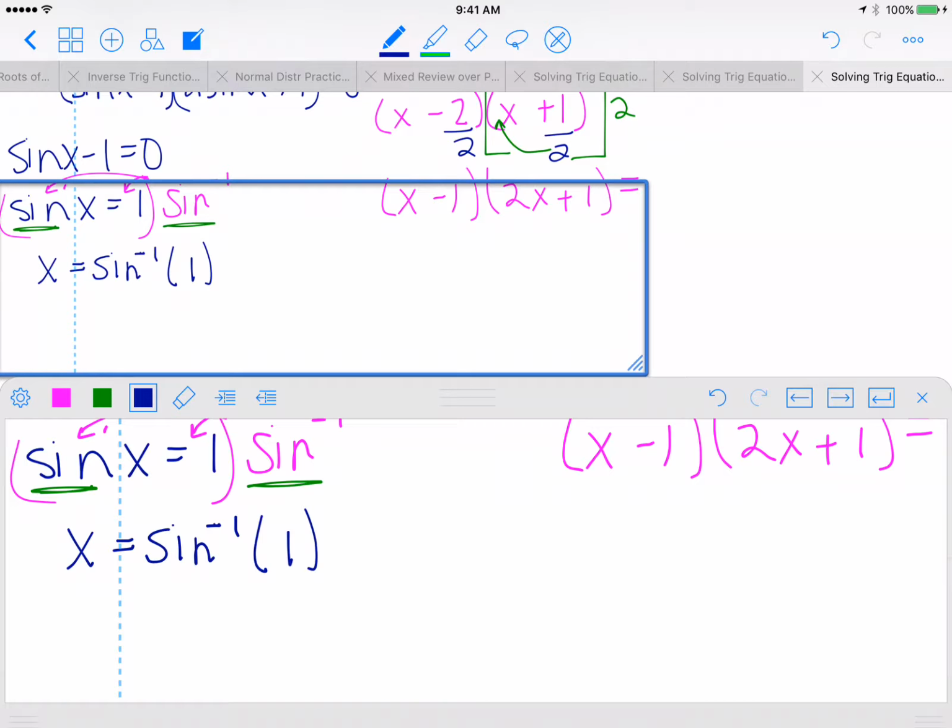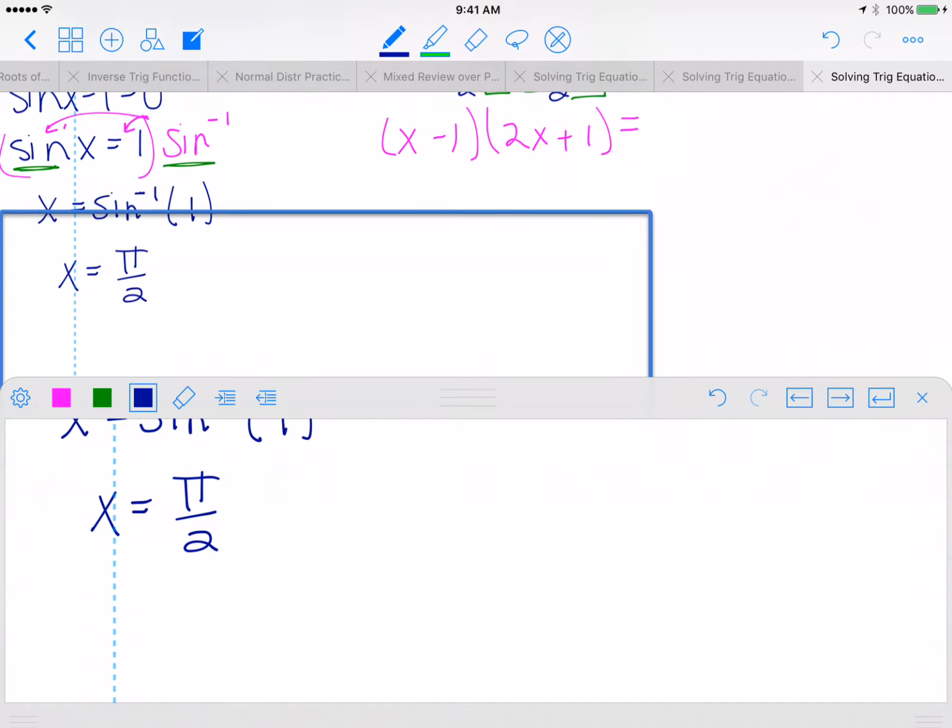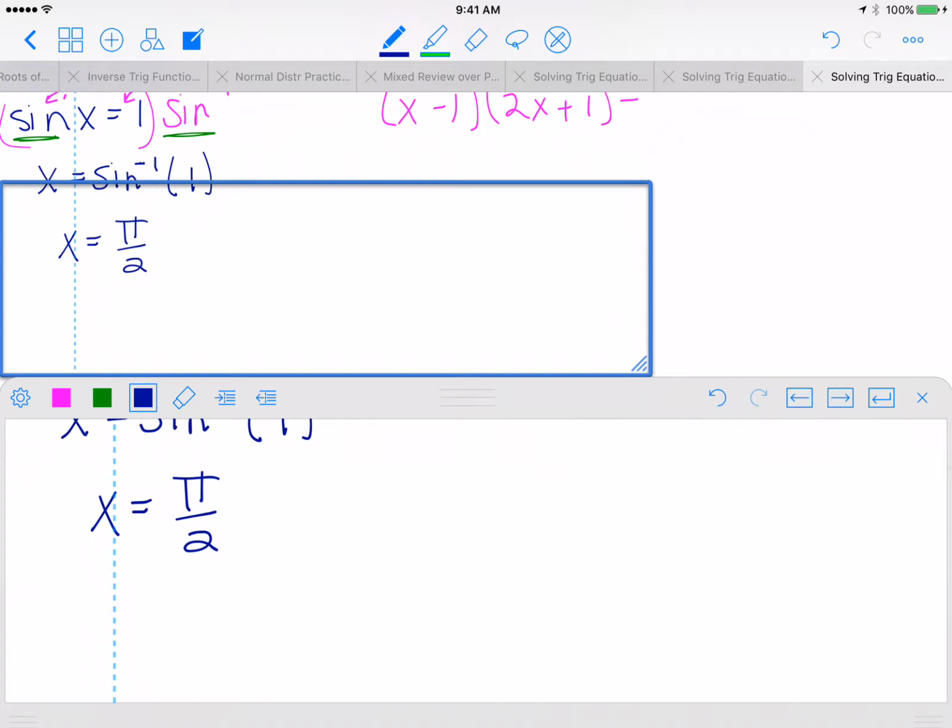Now we think to ourselves, where is that radian measure where sine is 1? Where is sine 1 on our unit circle? Hopefully you said sine is 1 at pi over 2. Then we'd have to add 2 pi n to get all of our other radian measures if it's asking for the general form.